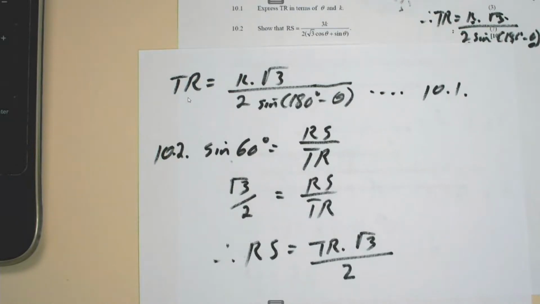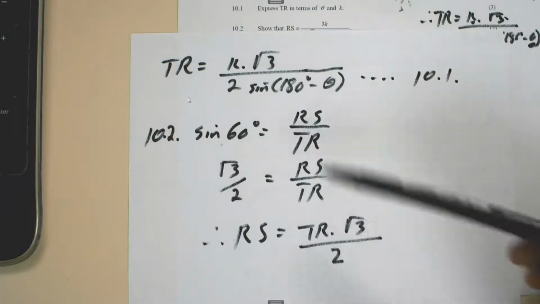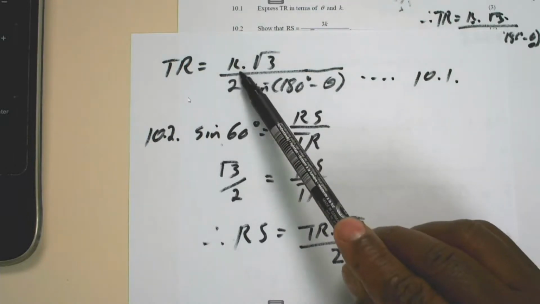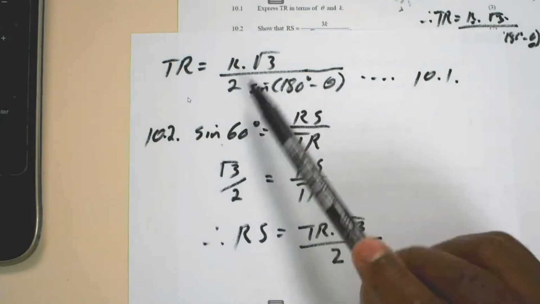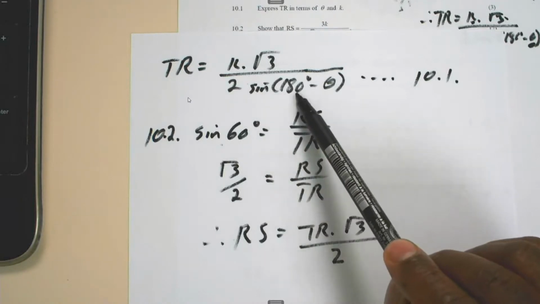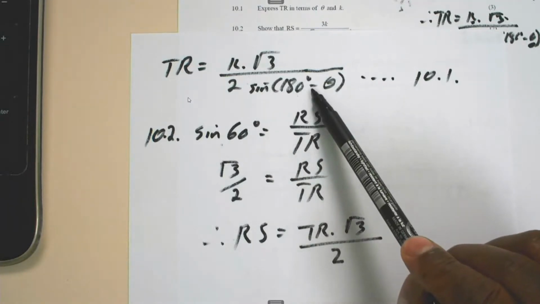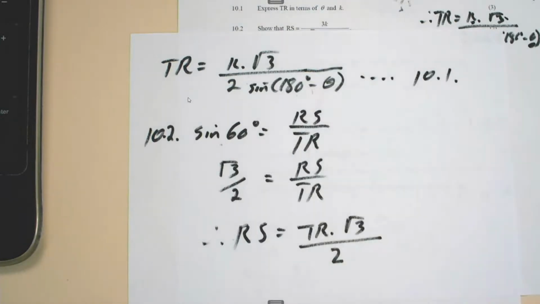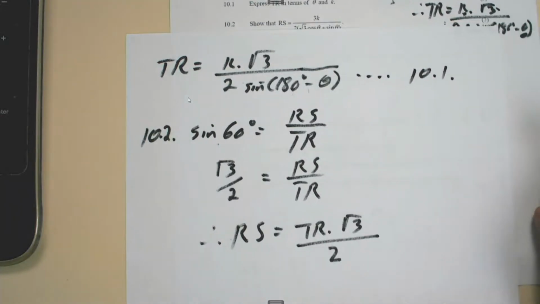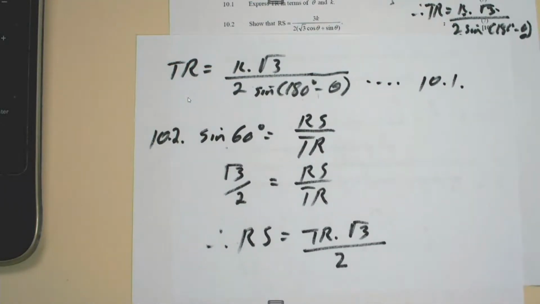Now, let's use the information obtained earlier. Our TR is K multiplied by square root of 3 all over 2, the sine of 180 minus theta. If I worked it out correctly, let's go back to the diagram a minute.